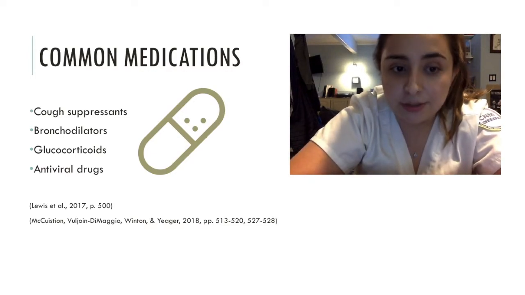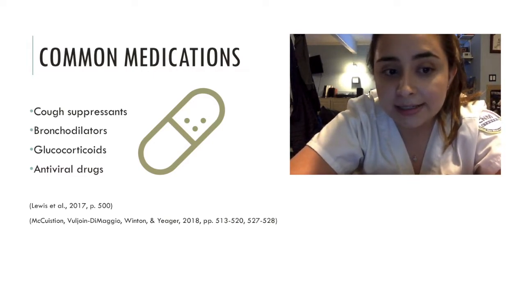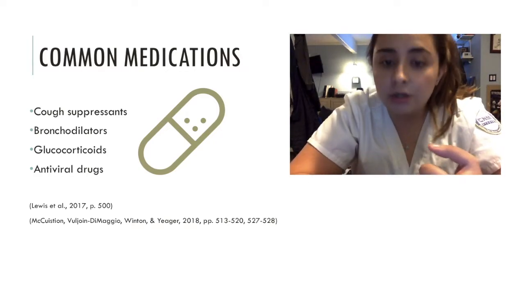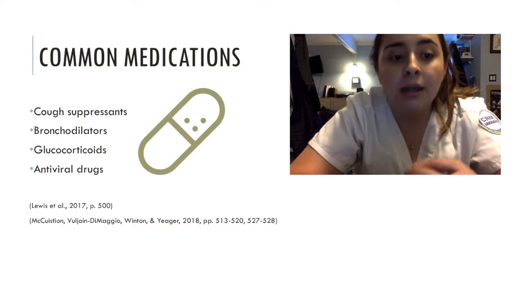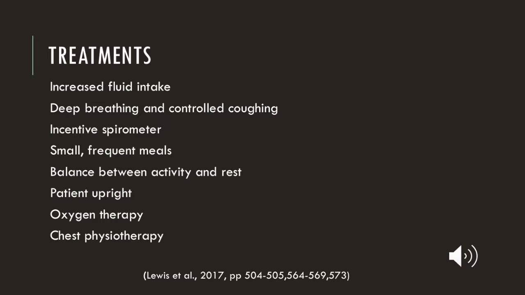Finally, antivirals are often used if the bronchitis is caused by an influenza virus. Some of the common antiviral medications are zanamivir or oseltamivir, which are started within 48 hours of the start of the symptoms.